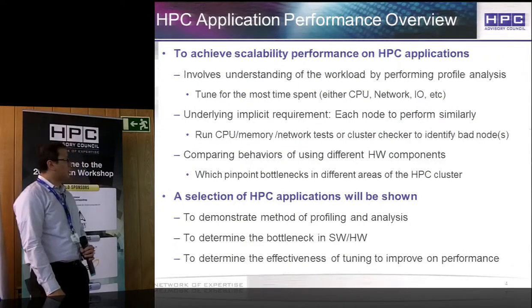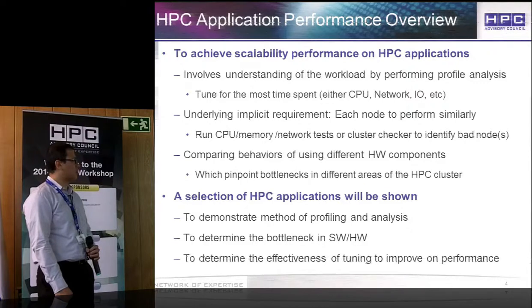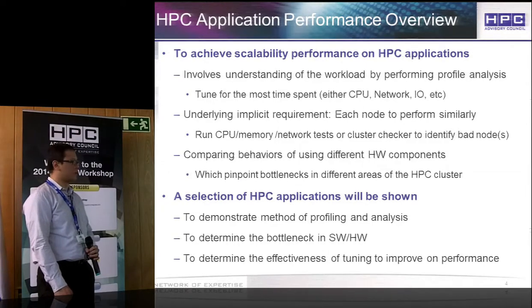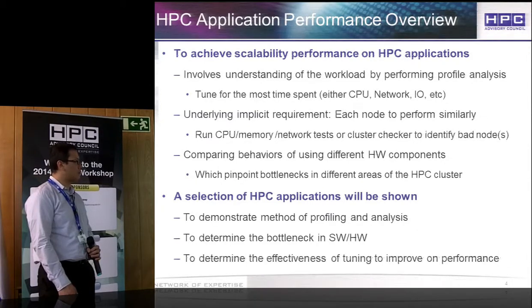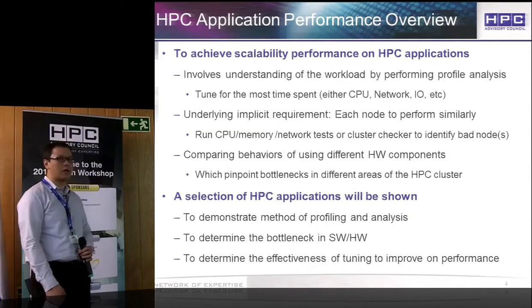In order to get pretty good performance from user applications, HPC applications, you first, in my opinion, have to understand the type of workload that you're facing. The first thing to do, at least for me, is to find out whether you spend the most time on the CPU side, the network side, or file I/O.